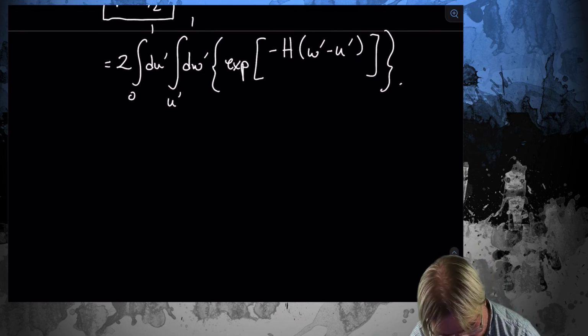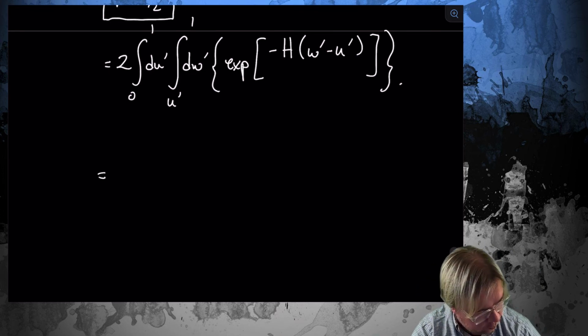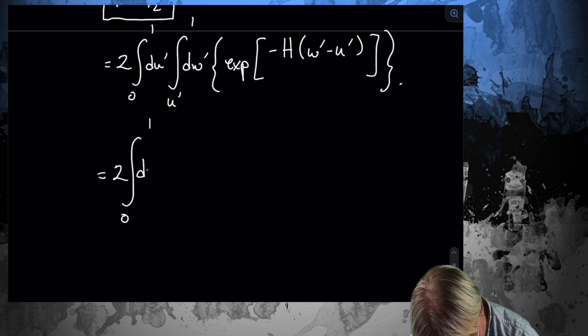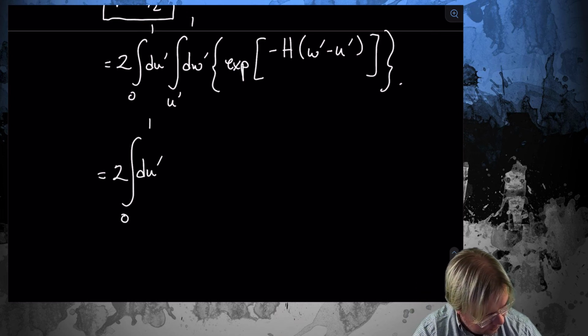Okay, so the first integral, the integral over w prime, will give us, let's see, 2. We still have this integral left, 0 to 1 du prime.